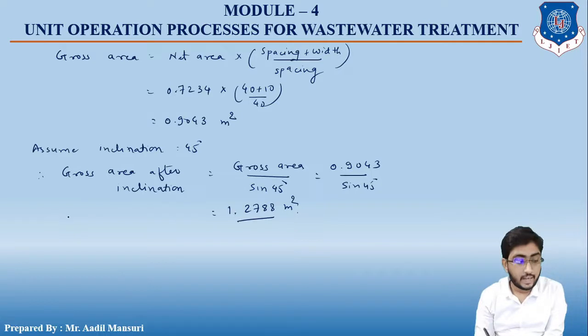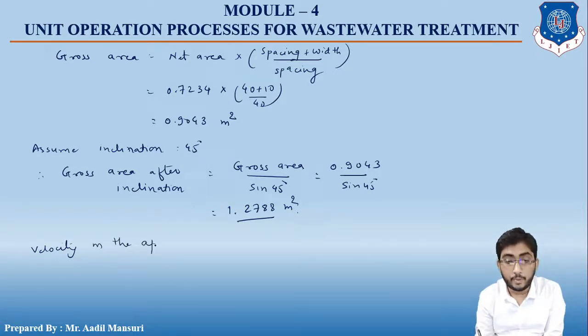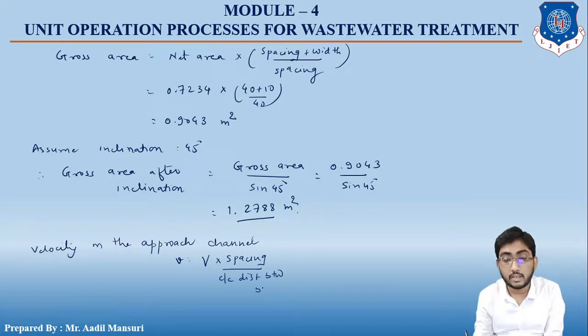So next step is to find out the velocity on the upstream of screen. Therefore velocity in the approach channel, small v, will be equal to capital V into spacing upon center to center distance between bars.